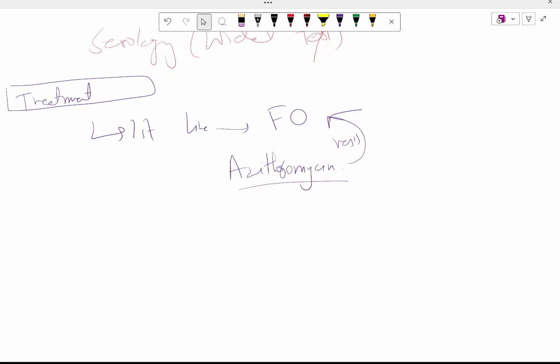Oh, I told you the opposite. In South Asia, patients are resistant to fluoroquinolones. If a patient comes to you from South Asia like India, Pakistan, Bangladesh, you give him azithromycin. You do not give him fluoroquinolones as there is high resistance against them in South Asian countries.